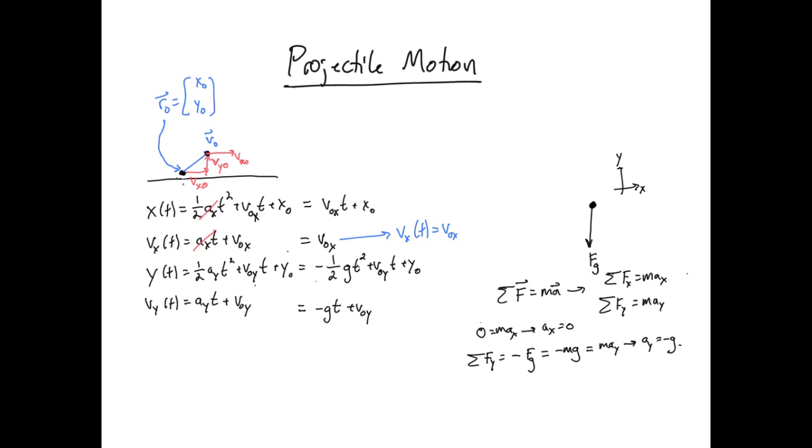So we can draw that just by saying, okay, after this first little chunk of time, the velocity in the y direction is a little bit smaller. And that means that the velocity is right there, and our object moves to that point right there.